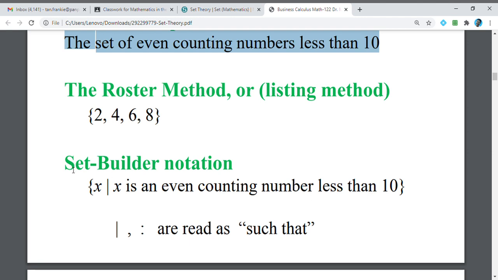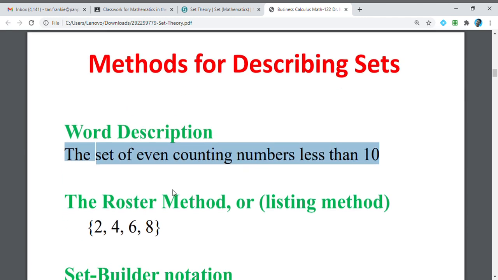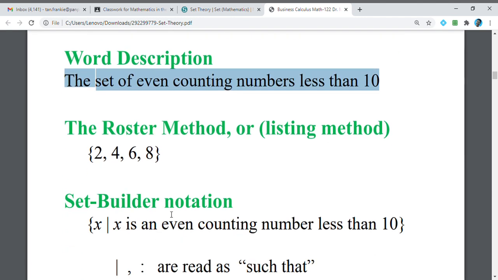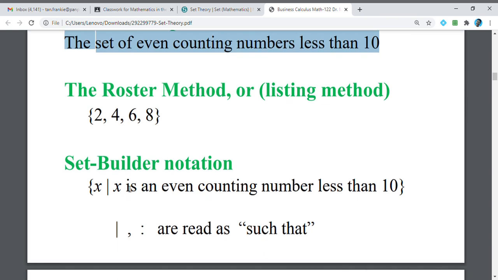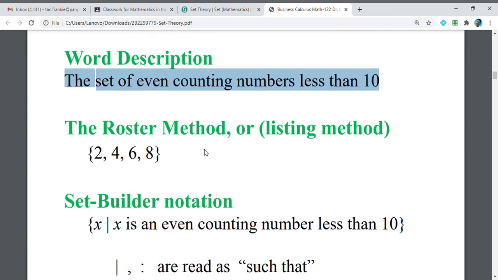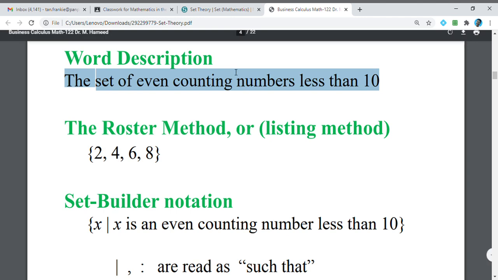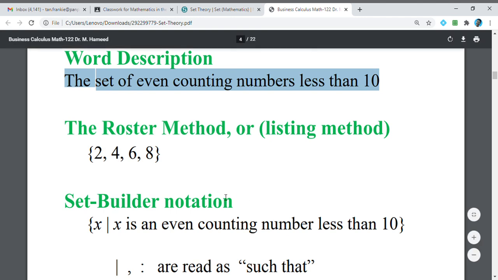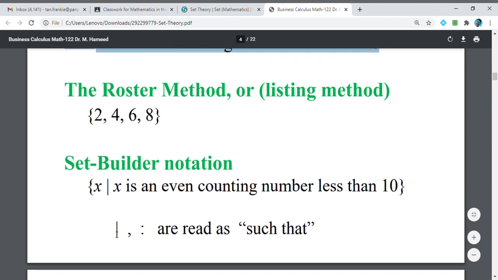So as you can see, set builder notation is more defined than the given word description and roster method. It is specifically defined. So the given set builder notation, together with your roster method and word description, all of this, they mean the same thing. This symbol, as you can see, this vertical line, is read as such that.